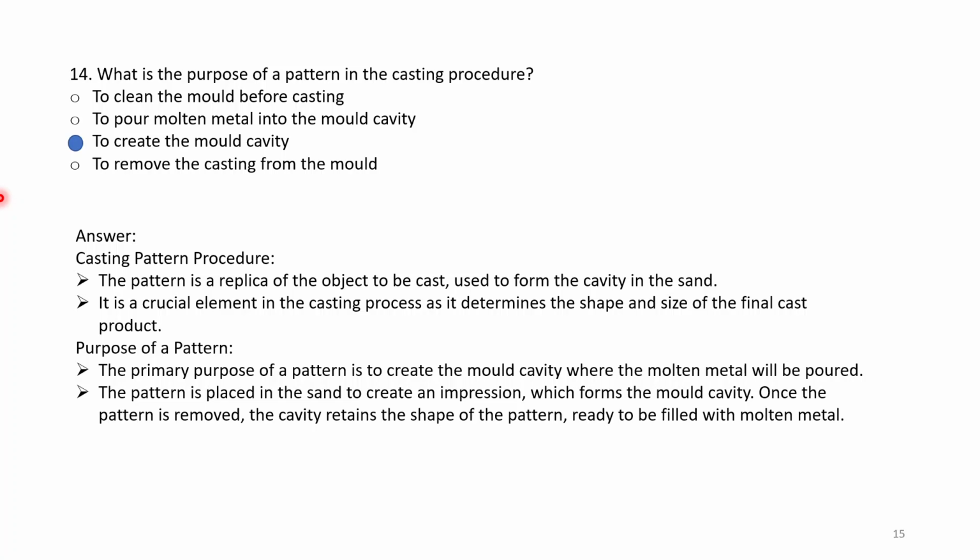It is a crucial element in the casting process as it determines the shape and size of the final cast product. The primary purpose of the pattern is to create the mold cavity where the molten metal will be poured. The pattern is placed in the sand to create an impression which forms the mold cavity. Once the pattern is removed, the cavity retains the shape of the pattern, ready to be filled with the molten metal.